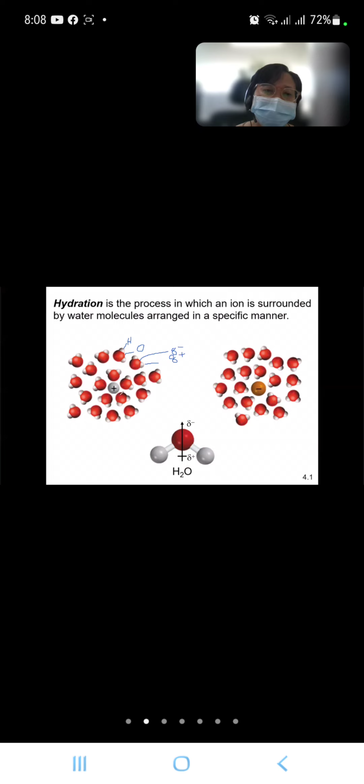And for our chloride ion, the two hydrogens in every molecule are also partially positive, no? Since they are partially positive, they are attracted to the anion. So in this example, our anion is the chloride ion. Do you understand?